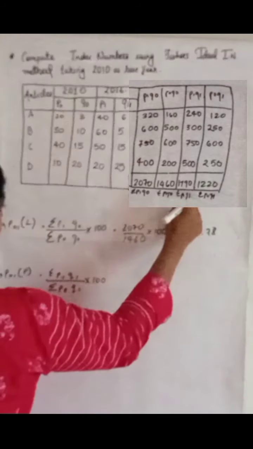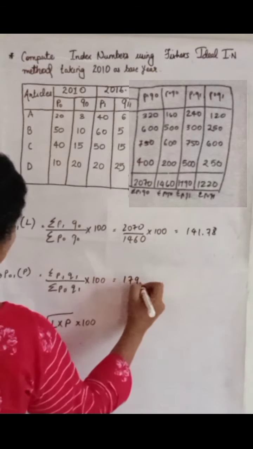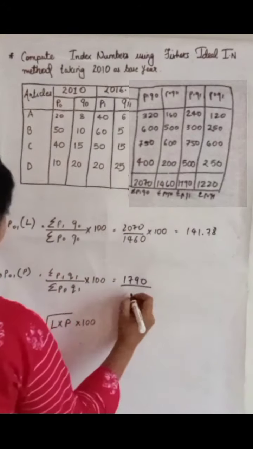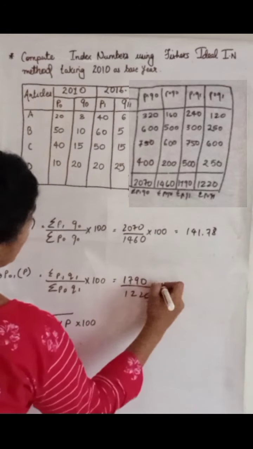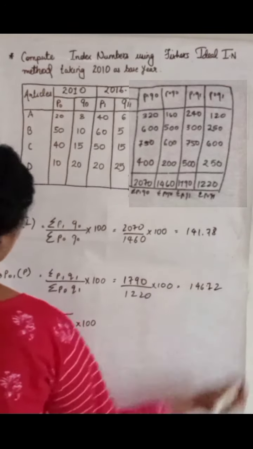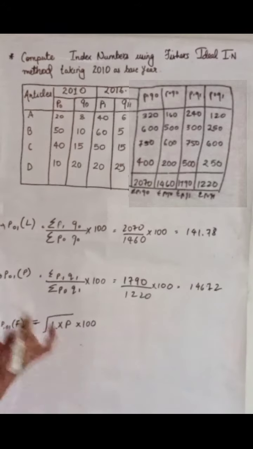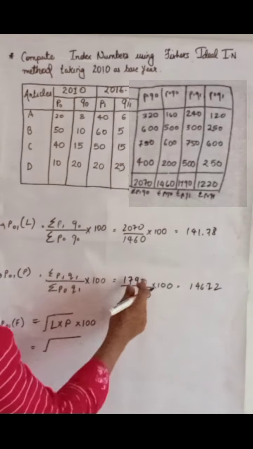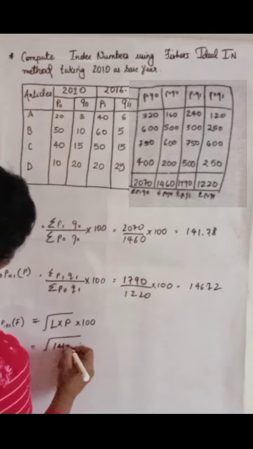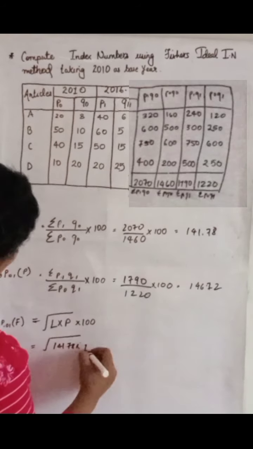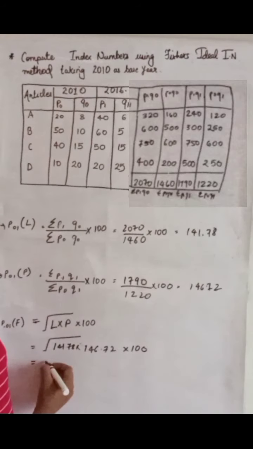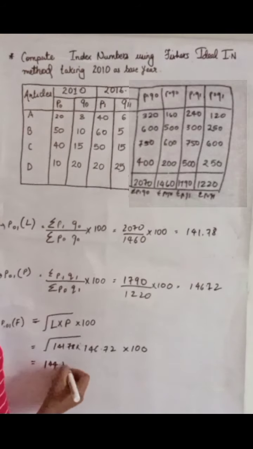Now for Paasche we have summation of P1Q1, which is 1790, divided by summation of P0Q1, that is 1220, into 100, which gives 146.72. Now it's time to find our Fisher's ideal index. We get the root of L, 141.78, into P, 146.72, and after calculation we will get 144.17.